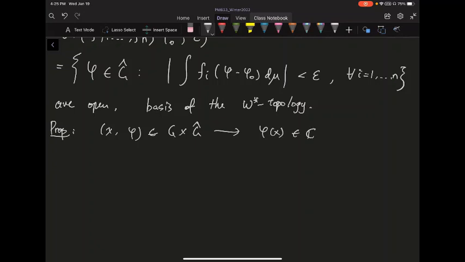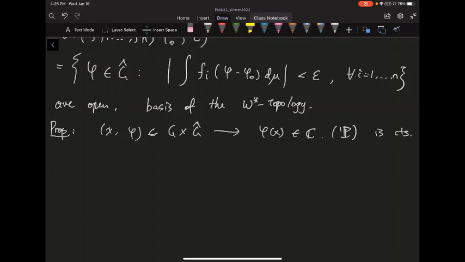Of course, this is inside the complex numbers, where you can even say that's the unit circle. On the left-hand side, you have the product topology. On the right, you have the usual topology on the unit circle. I claim that this is going to be continuous. First of all, this evaluation map is jointly continuous.